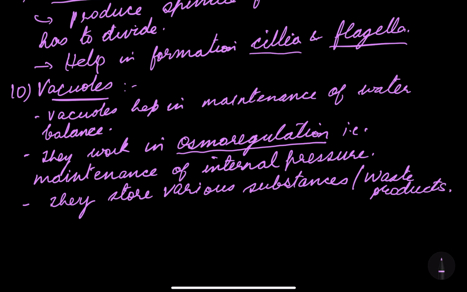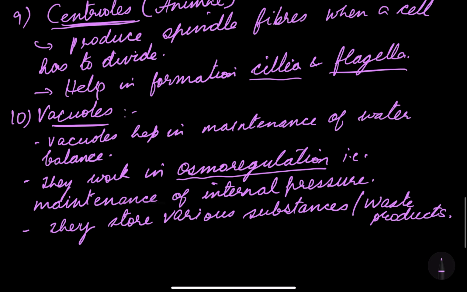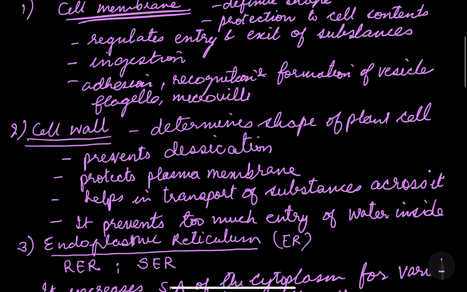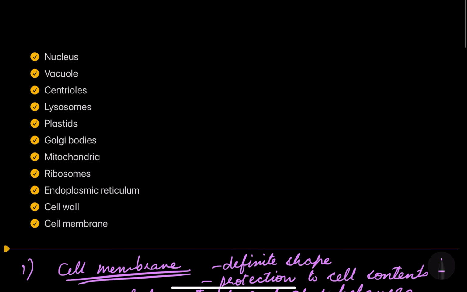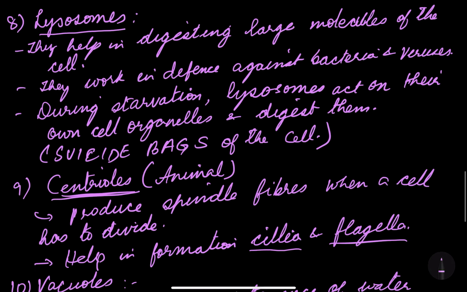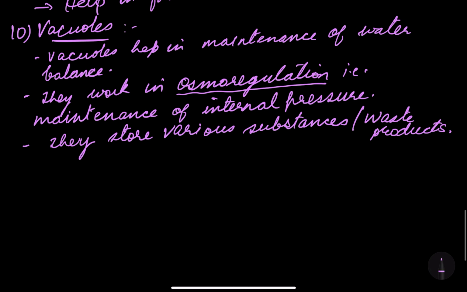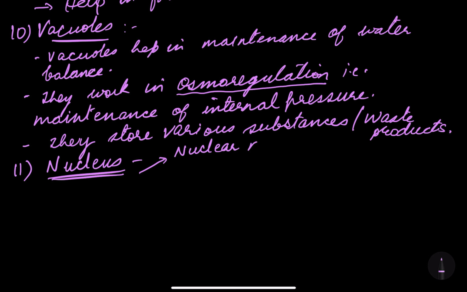Right? So those were the functions of vacuole, and I think now we are left with the last organelle to be discussed, and that is your nucleus. It is the most important organelle of the cell. It is sometimes referred to as the control center, sometimes as the brain of the cell. Now this nucleus consists of basically the outer nuclear membrane. As the cell has the cell membrane, the nucleus has the nuclear membrane.